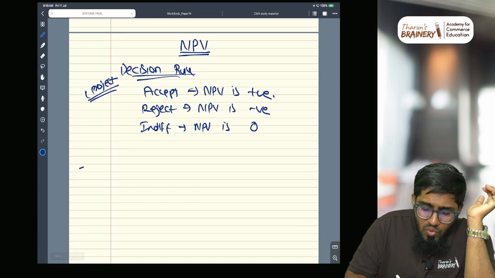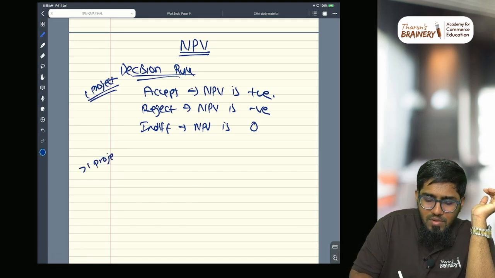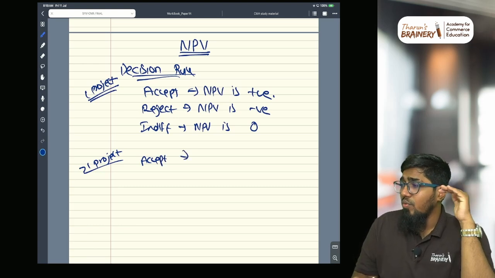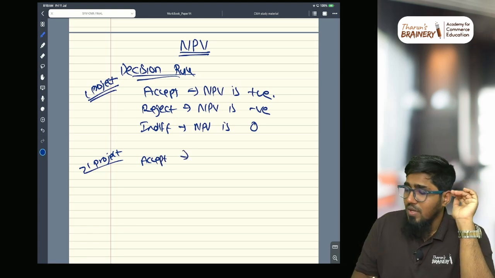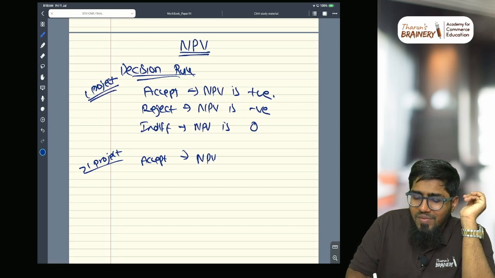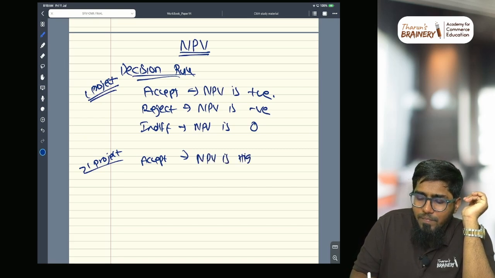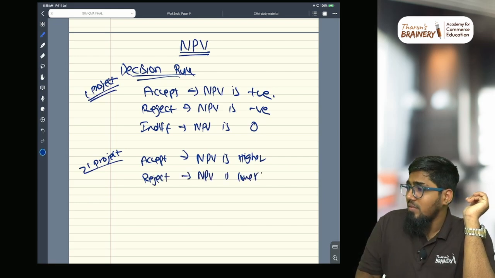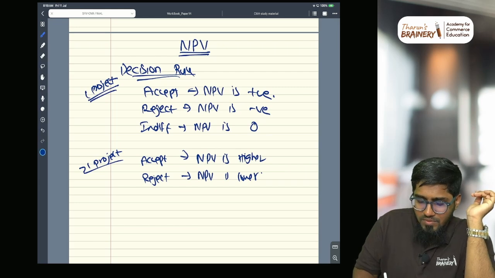But if you're having more than one project, and both are positive, then accept where the NPV is higher. Reject if the NPV is lower. So if A is lower, reject.